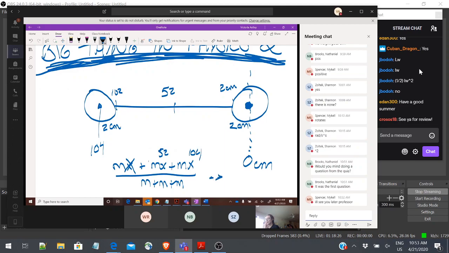And then the value you get should be the distance from 0, which is the point you're trying to measure. If you choose 0 to be right here or like right here, you can absolutely do that. Totally fair. The only thing you have to remember is that you're going to get an x value from there, and then you'll have to do, okay, from here to here is 106 minus x.